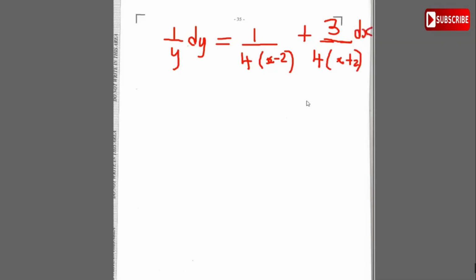This is what we have now. Since we have all of this now, we could multiply through by 4, because I don't like the quarter thing. Let's multiply through by 4 to write 4 over y dy, and that's equal to 1 over x minus 2 plus 3 over x plus 2, and it's all of this dx.